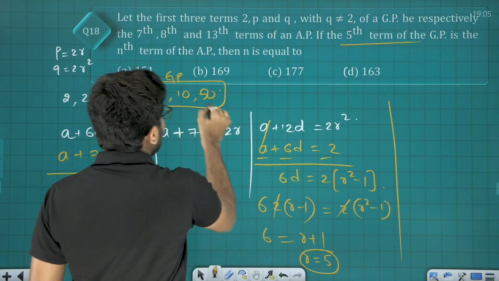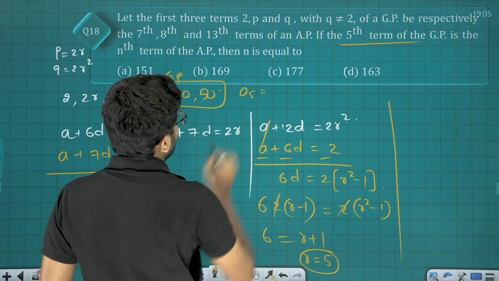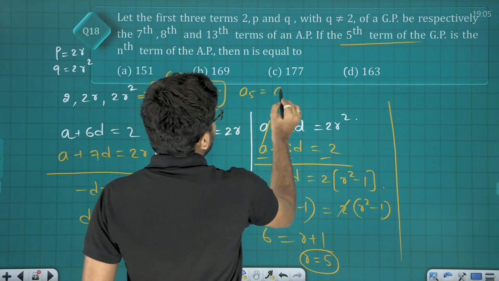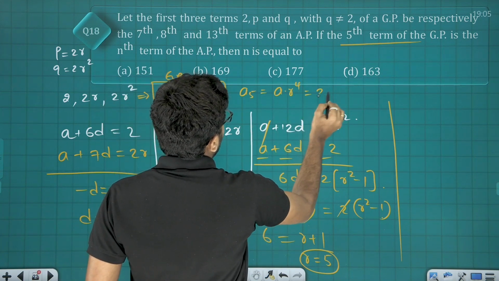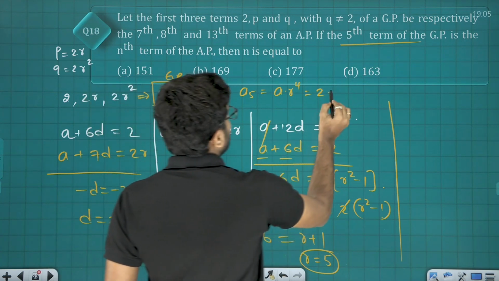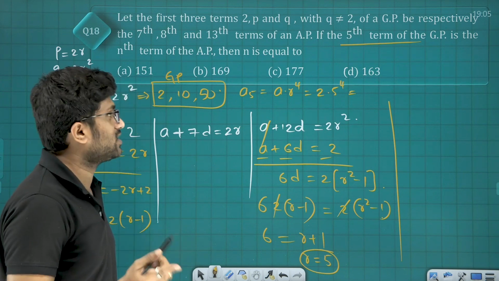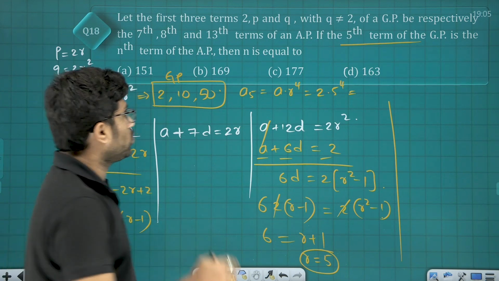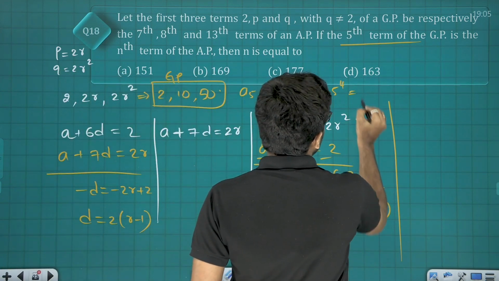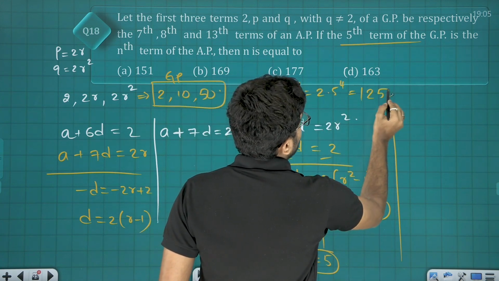The fifth term of the GP is A into R power 4, that is 2 into 5 power 4. 5 power 4 is 625, 625 twos are 1250, friends.